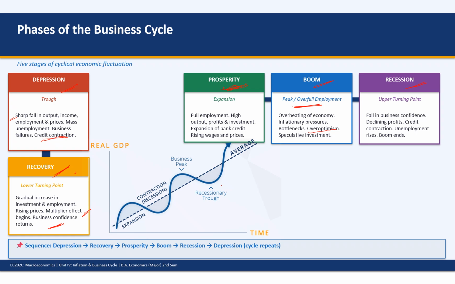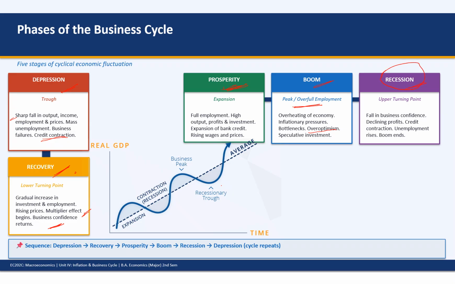Speculative activity increases and people expect prices and profits to continue rising. But this condition cannot last forever because the economy is already working beyond normal capacity. Boom is dangerous because it creates inflationary pressure. So, although income and output may be high, the situation becomes unstable and soon leads to recession.